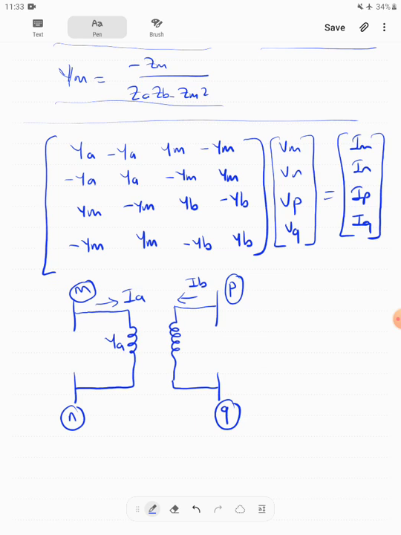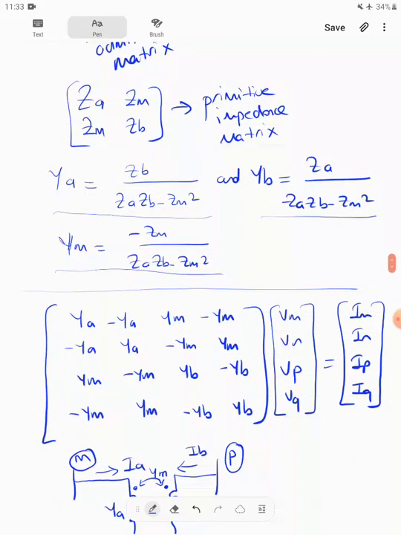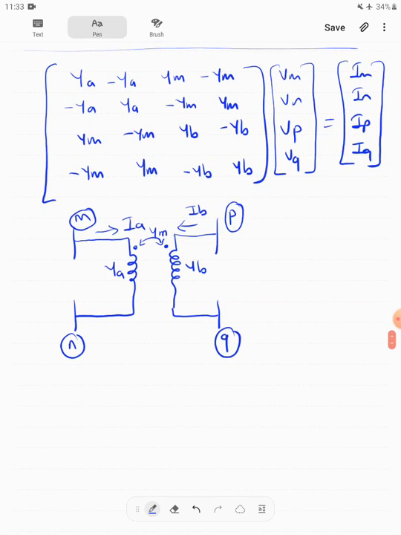These are branch admittances YA, YB, and that's the mutual admittance between these two lines as YM. We know how YA, YB, and YM are calculated. You can refer to these equations that we derived so far. What else?